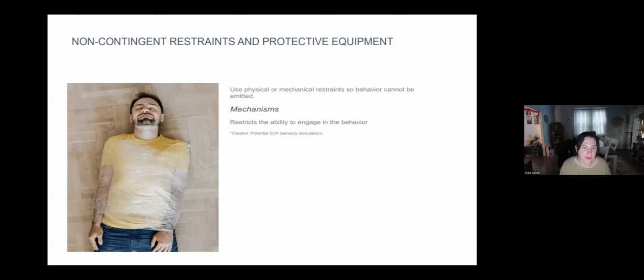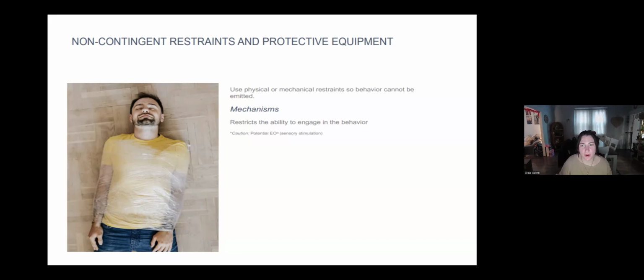We don't use this one that much, but one thing I can think of is a documentary I watched. I can't remember what it was called, but I think we've mentioned this in trainings. One behavior this might be useful for is when it's very severe self-injurious behavior, like eye gouging.